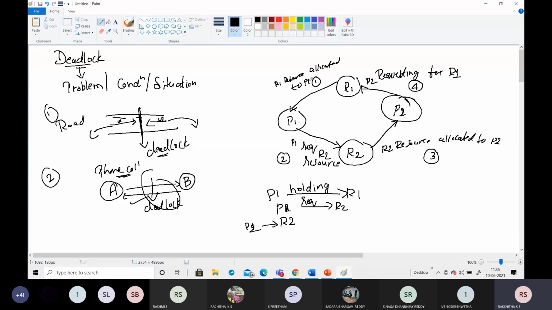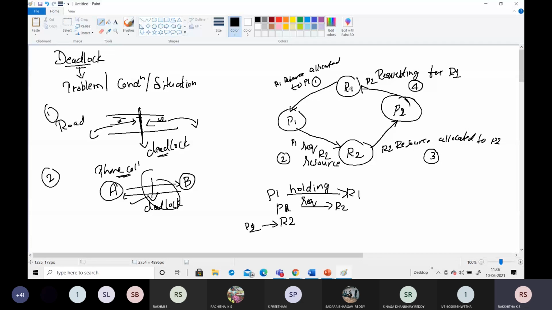So no one is independent, and every process depends on another resource. This complete state is a deadlock state.